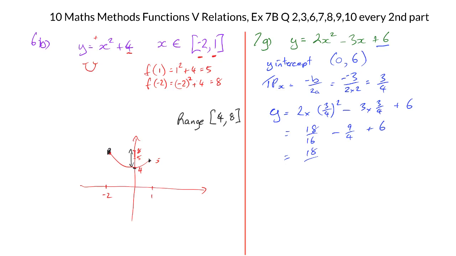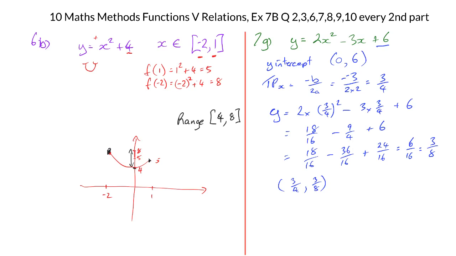Working that out, 18 on 16 minus 36 on 16, multiplying top and bottom by 4, and 6 times 4 is 24 on 16. Adding all that up, I end up with positive 6 on 16, which gives me 3/8. And so I have the values of 3/4 and 3/8 as a turning point.